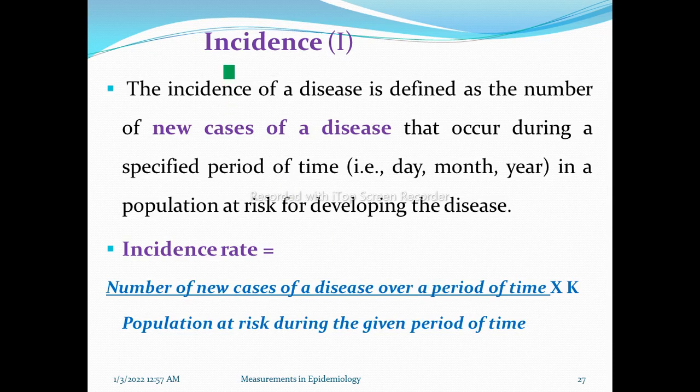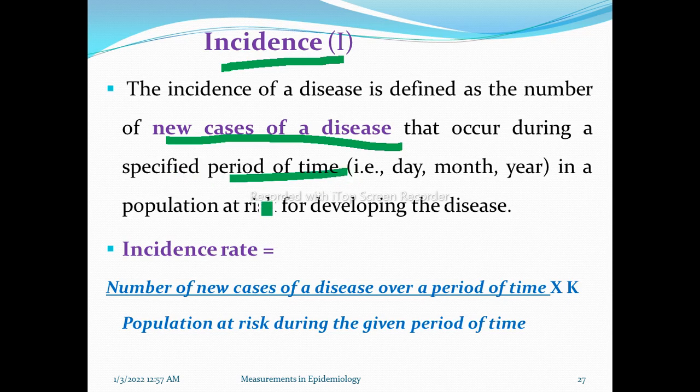The other measure of morbidity is incidence. Incidence of disease is defined as the number of new cases of disease that occur during a specified period in time in a population at risk for developing the disease. The period in time may be a day, a month, or a year.